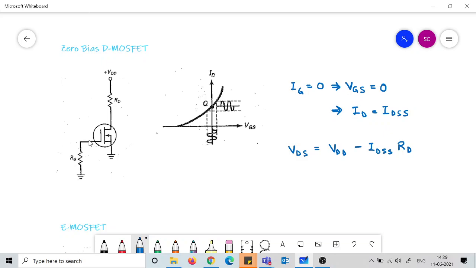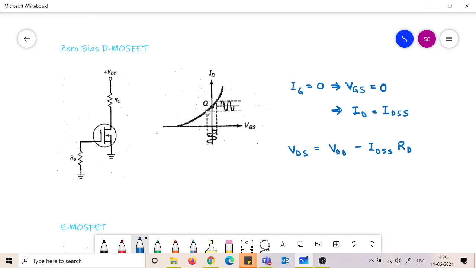The voltage at VG would be 0 because there is no IG current. So VG is 0, VS is also 0, so VGS is 0. So when VGS is 0, if you apply an AC signal between the G and S terminals, then you will find an output current ID coming out like this, riding over the DC offset current.